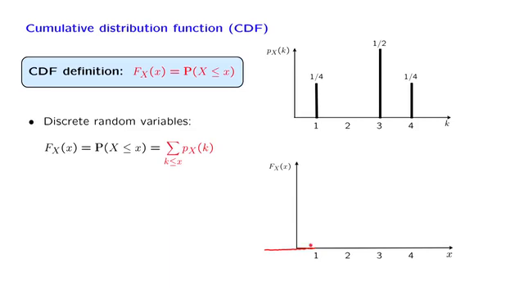But now, if we let x be equal to 1, then we're talking about the probability that the random variable takes a value less than or equal to 1. And because this includes the value of 1, this probability will be equal to 1/4. This means that once we reach this point, the value of the CDF becomes 1/4.